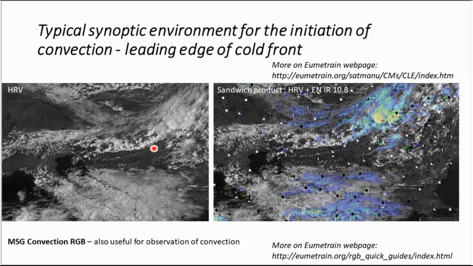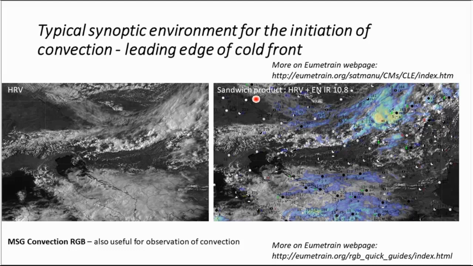If you look at the convection, you can look at the HRV satellite image because you have a bigger resolution, 1 kilometer, and you can look at the sandwich product, because the sandwich product gives you two very important pieces of information on one image: the structure of the convective clouds and the temperature of the tops of the convective clouds.